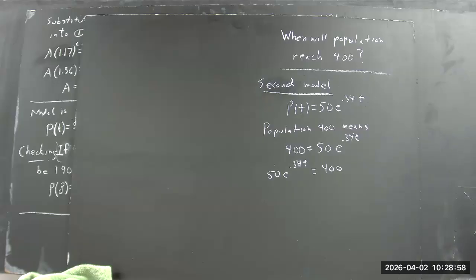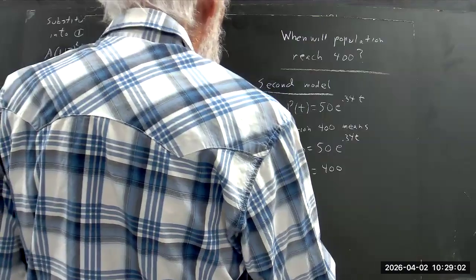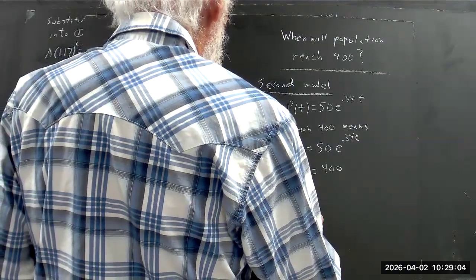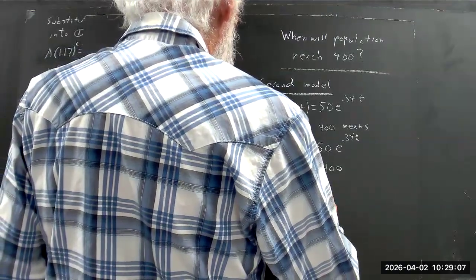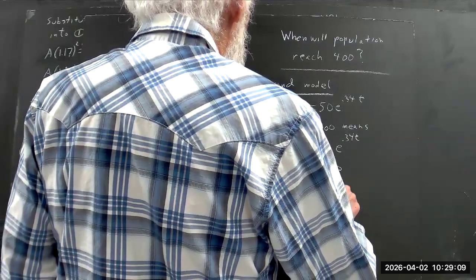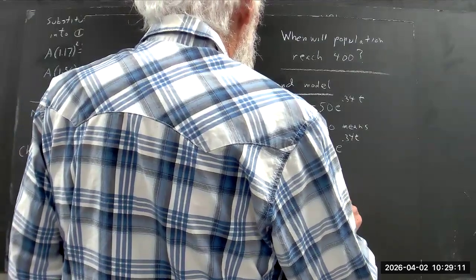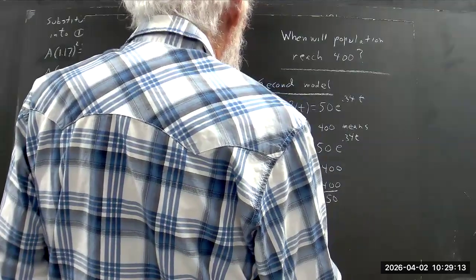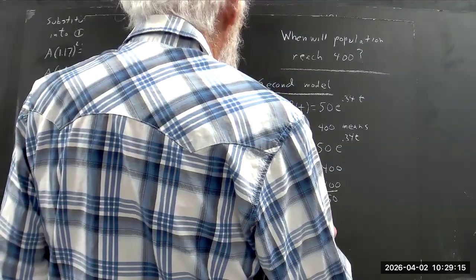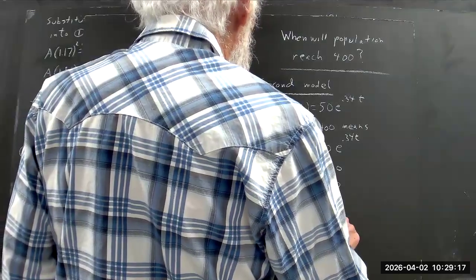Then we divide both sides by 50, and we get e to the 0.34 t equals 400 over 50, so that e to the 0.34 t equals 8.